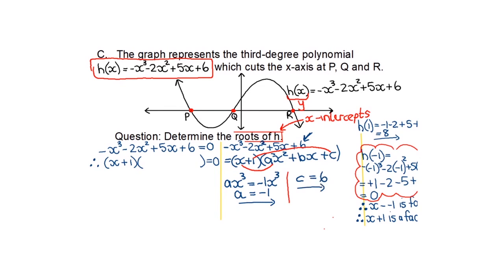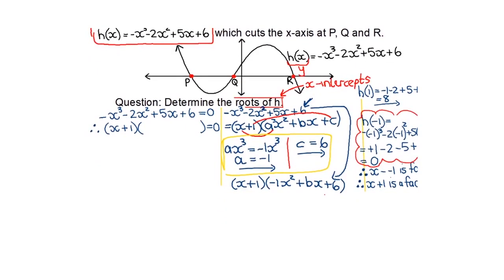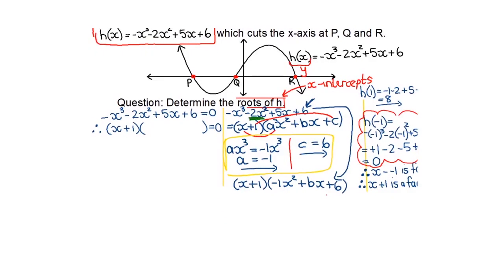So at this stage, I know what they have given me is equal to x plus 1, multiplied with an a, which I know, plus b that I don't know yet, plus the c. Okay, now the only thing I still have to determine is the b value. So how will I get x squared? Because I know negative 2x squared is given in the original equation. So the only way I'm going to get x squared is when I multiply these two.